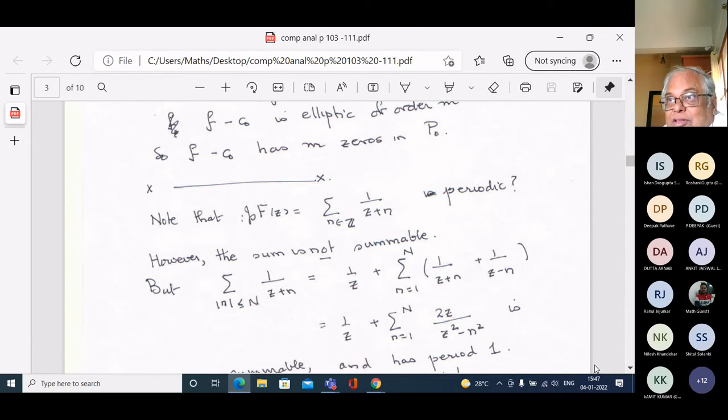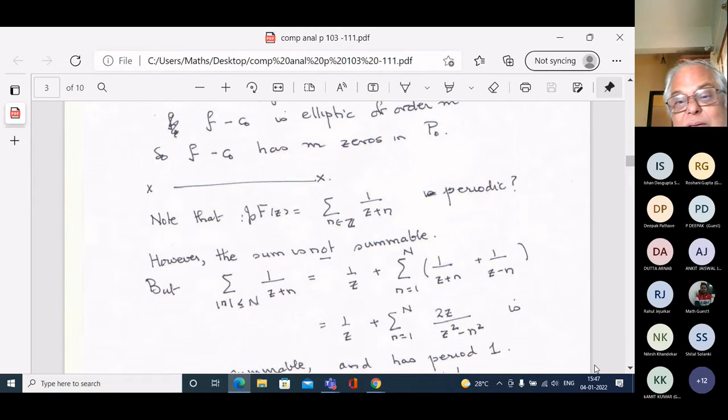And therefore, we want to add these things up to get poles at every integer. So we want to look at the sum of 1 over z plus n. But you know that this sum, as it stands, is decaying like 1 by n, and 1 by n is not summable. So when you want to sum that, you have to be careful. Okay. So how will you be careful?